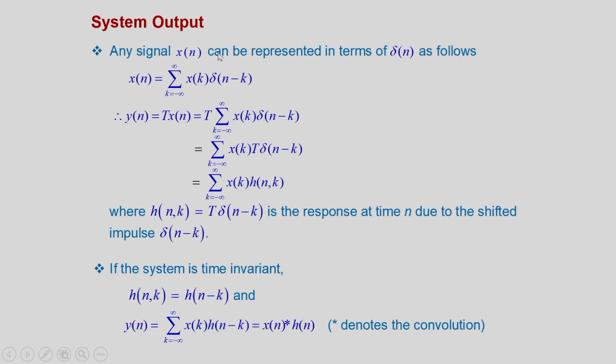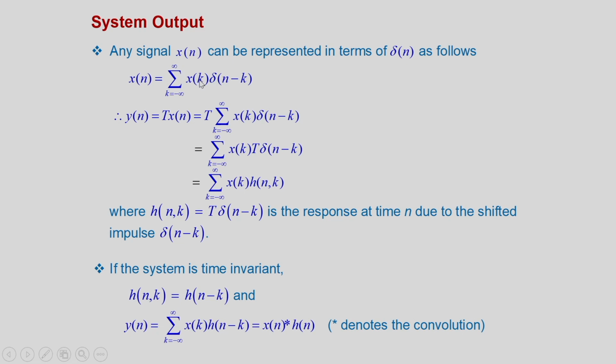Now, how to get the output of an LTI system? Any signal x[n] can be represented in terms of delta[n] as follows: x[n] is the summation of x[k] times delta[n-k], k going from minus infinity to plus infinity.